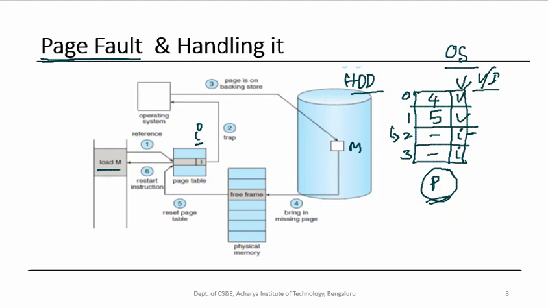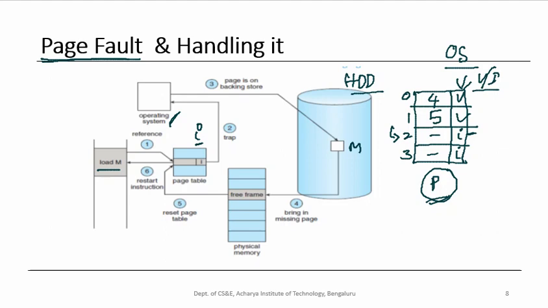That's the first step. What is the second step? The CPU generates a trap to the operating system, because now the CPU has to run the operating system code.